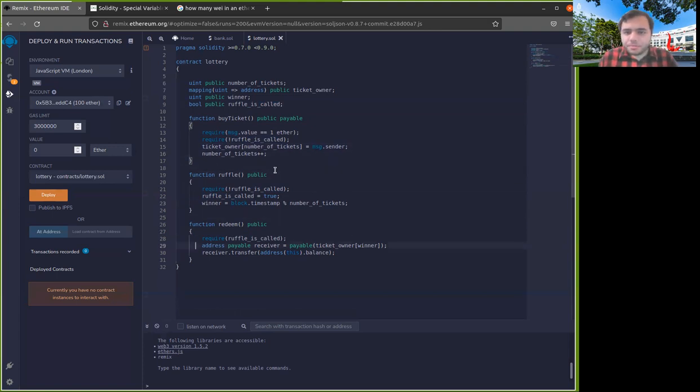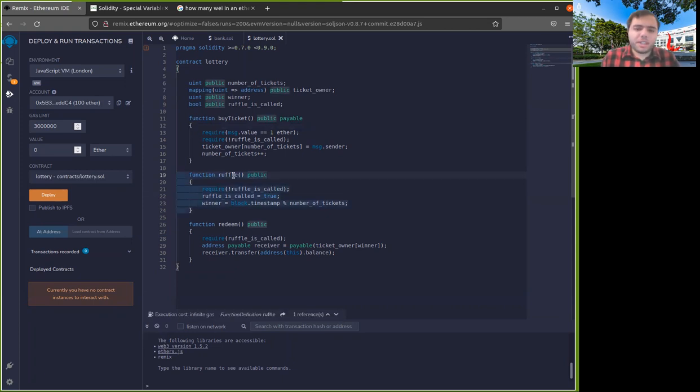Now, okay, so what's the problem now? We solved the timing problem. And actually, in practice, maybe one other thing that we would do is that we wouldn't let this thing be as it is right now, because you see, it doesn't have a timing security vulnerability, but still anyone can call raffle at any time, right?